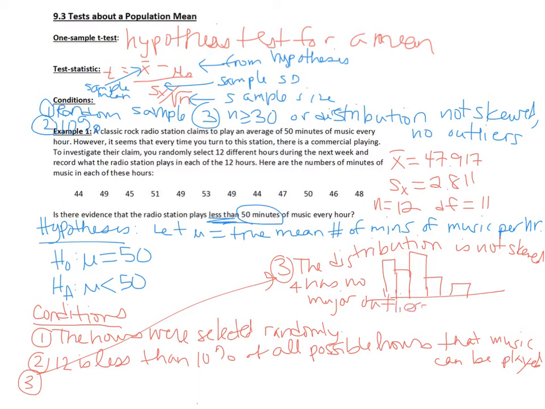And it's rare that you actually have something that's skewed or has outliers if you're doing a problem in class, unless they're specifically asking why you cannot use a t-test on this. So usually the distributions are going to be pretty good.